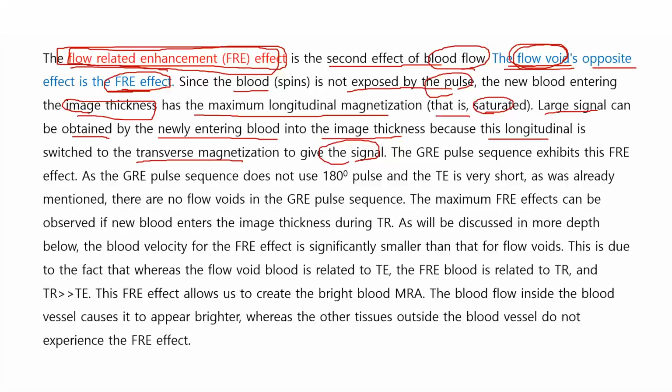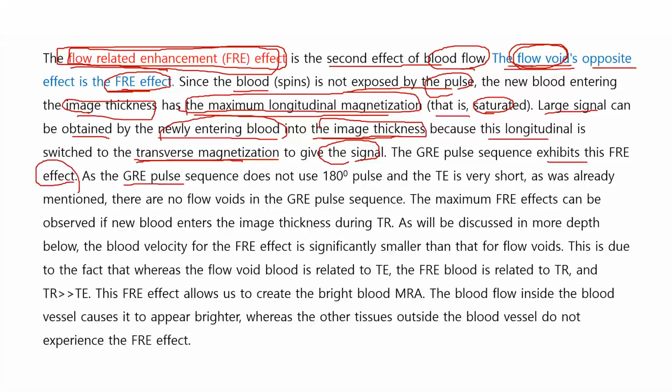So entering new blood has its maximum longitudinal magnetization, and this is flipped to the transverse magnetization and detected as signal. So we can have large signal from the newly entering blood into the first image slice. The GRE pulse sequence exhibits these FRE effects.